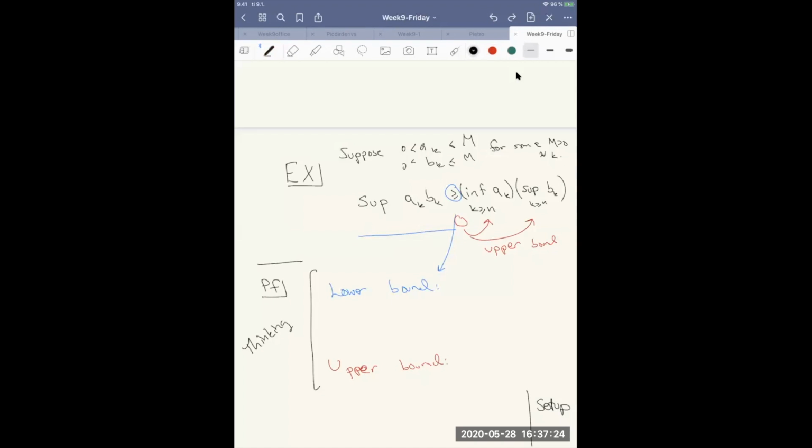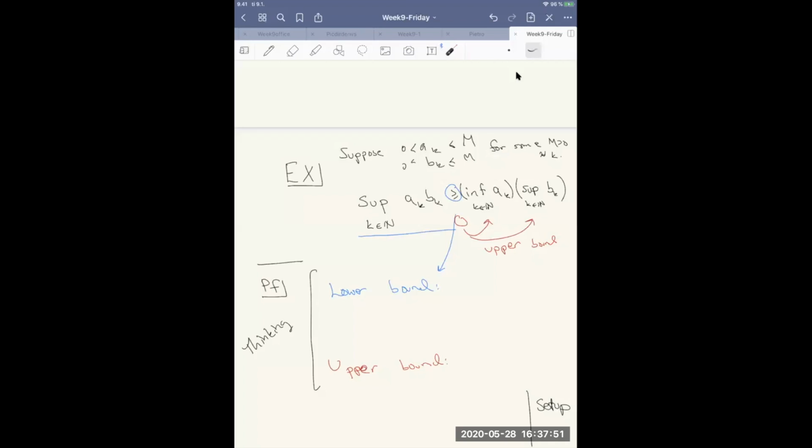I'll modify this statement a little so we get something simpler to work with. Then we take an infimum over all those numbers and the supremum of all those numbers. Then essentially the largest product is bigger than or equal to the smallest a_k times the biggest b_k.